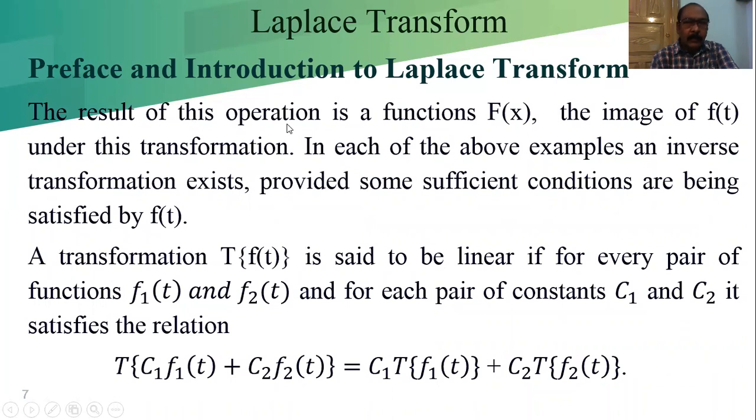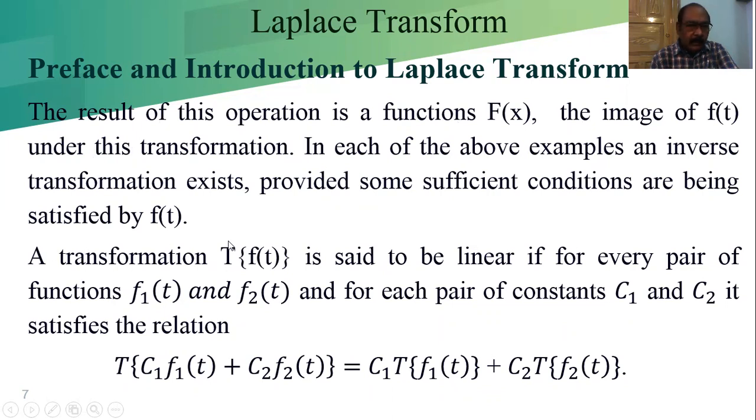The result of this operation is a function capital F(x), the image of small f(t) under this transformation. In each of the above examples, inverse transformations exist, provided some sufficient conditions are satisfied by f(t).